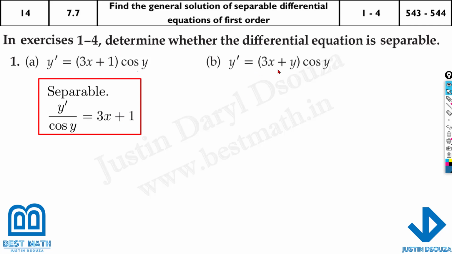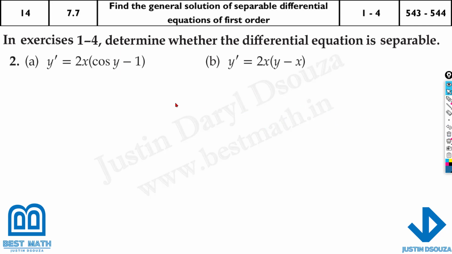Now look at this one. Even if you take this to the other side, y prime by cosine y, you have 3x plus y. Now you take it to the other side, it'll be minus y. It'll just be more complicated. It's not possible to directly integrate this. So it's not separable.